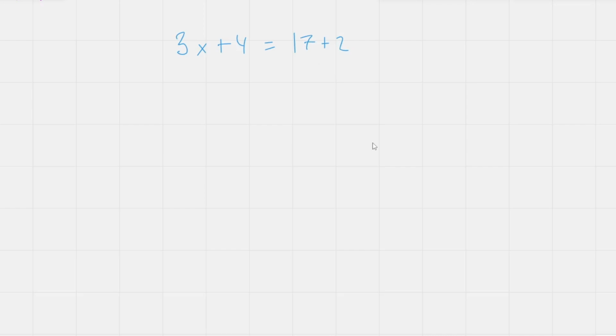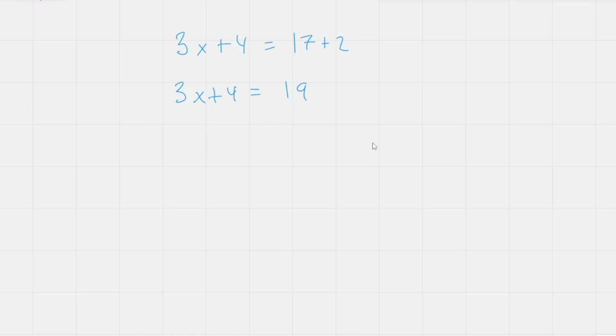So this is my question. The first thing I want to do is simplify it as much as possible. I can do 17 plus 2 on the right hand side. So I can simplify it as 3x plus 4 is equal to, what's 17 plus 2? 18, 19. So it's 19. Now I'm left with 3x plus 4 is equal to 19.